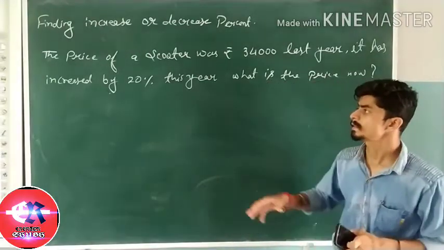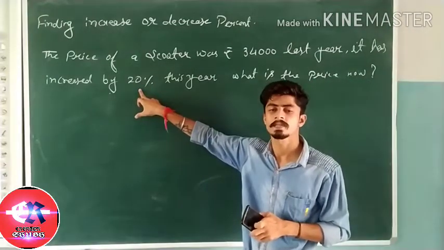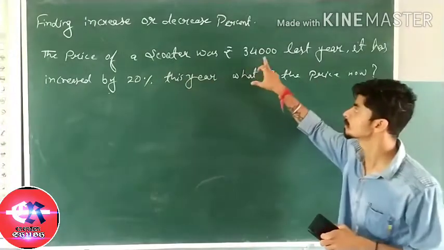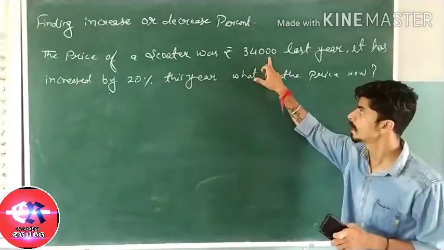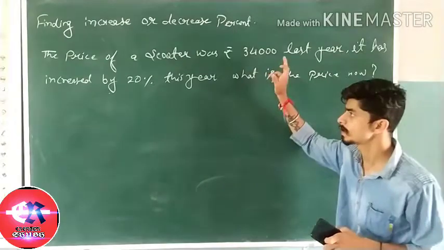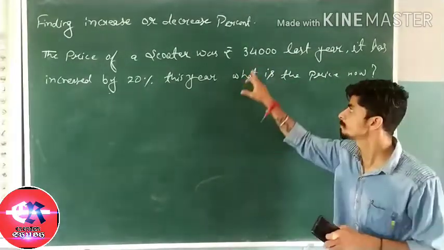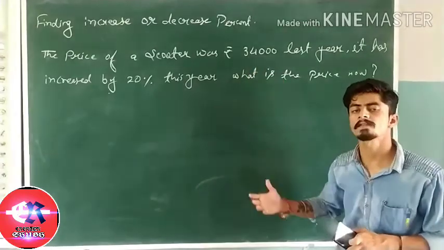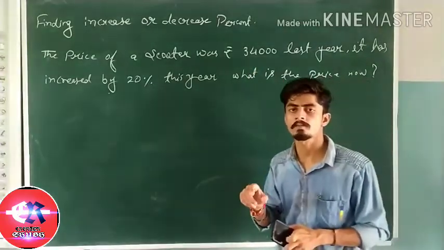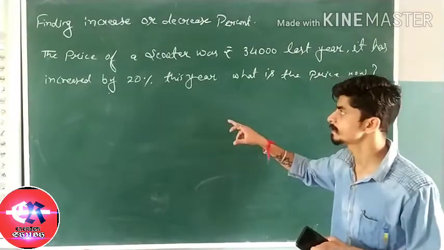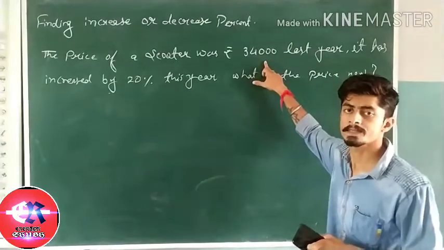So we have to find that particular percent which is given in the question on the basis of the amount which is given, and the amount is 34,000. So we have to find the 20% of that price 34,000. Then we have to add the amount which we got after finding this percent to the basic value.